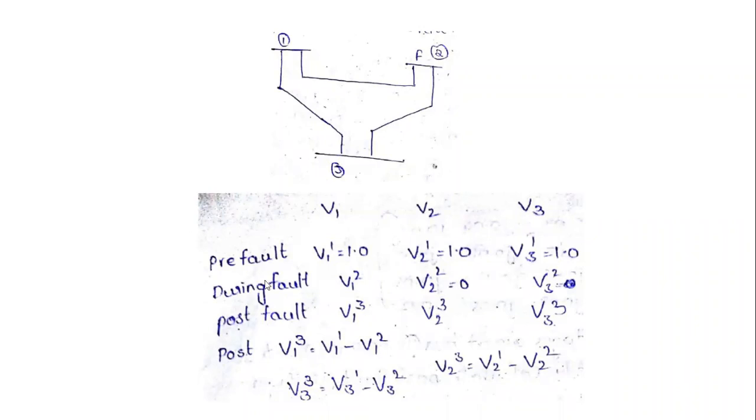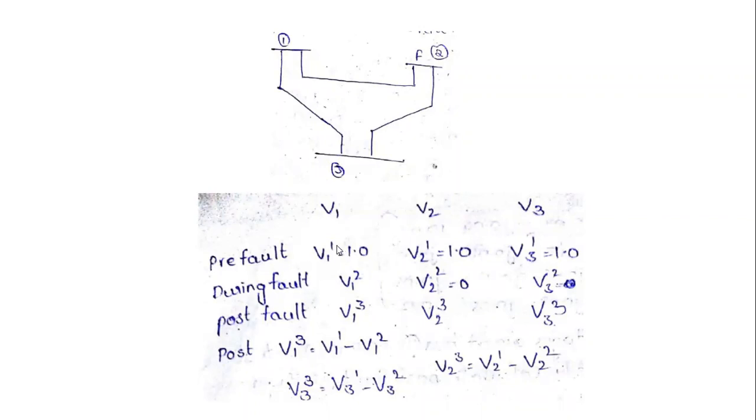The pre-fault voltages are V1 dash equal to 1 per unit, V2 dash equal to 1 per unit and V3 dash equal to 1 per unit.